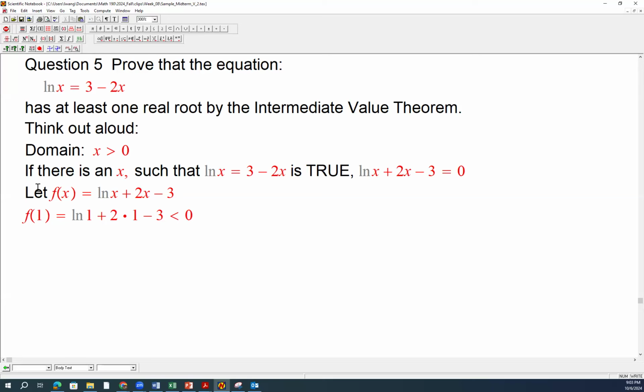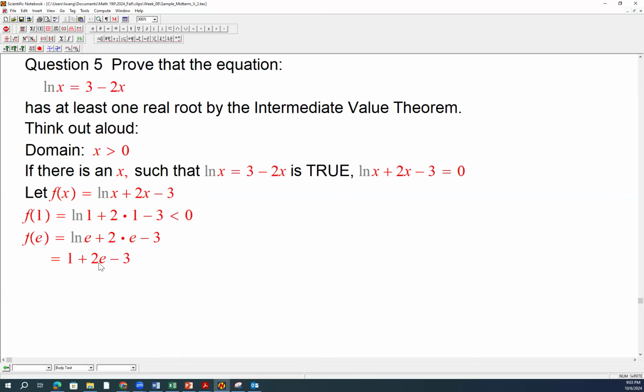Okay. What else do I pick? This time I can pick e. Let's see what happens if I pick e. ln e equals 1, plus 2e minus 3.